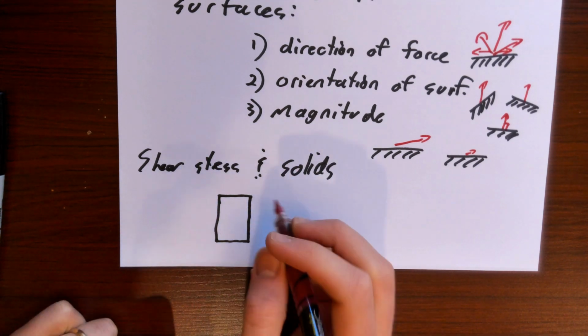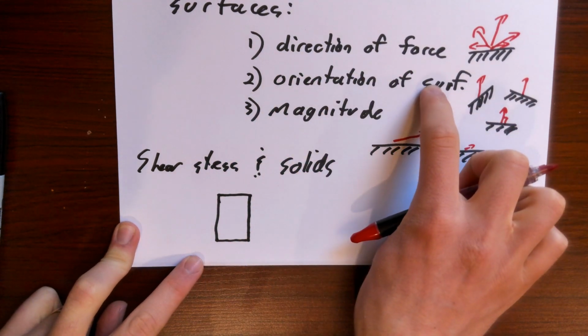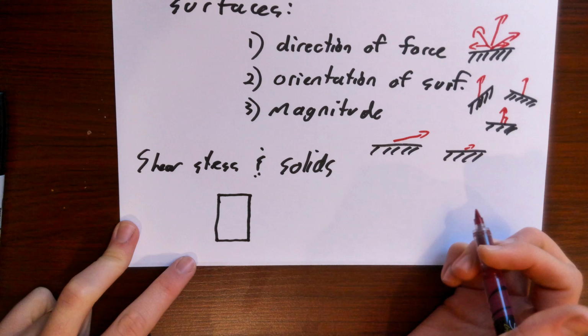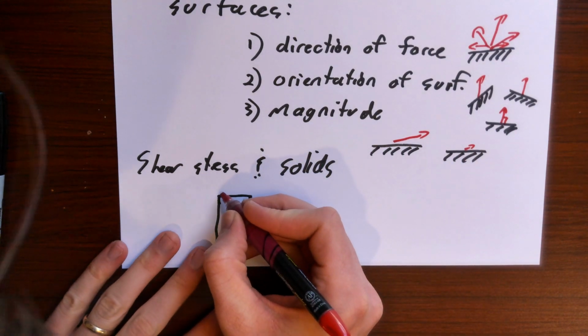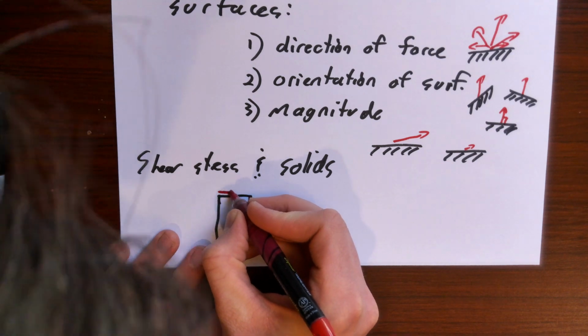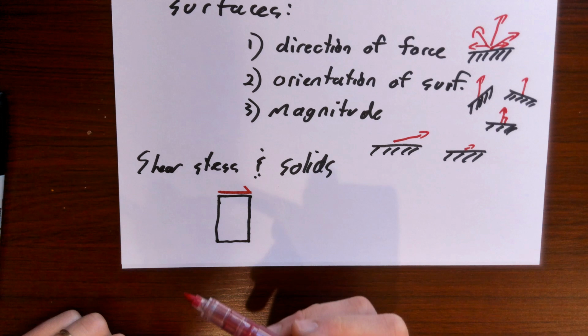Shear stress arises when the force is applied parallel to the surface, right? So if I have some direction of the force and some orientation of the surface, we think about shear stress as the part of stress that is the case when we have some force applied parallel to the surface.